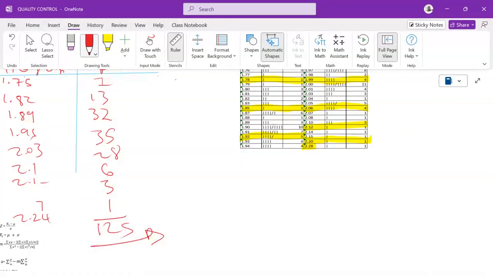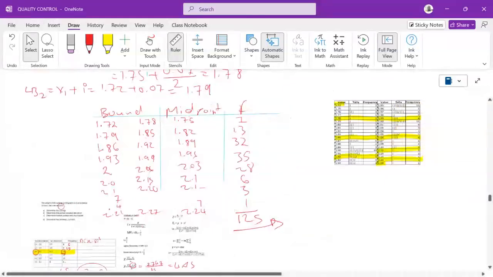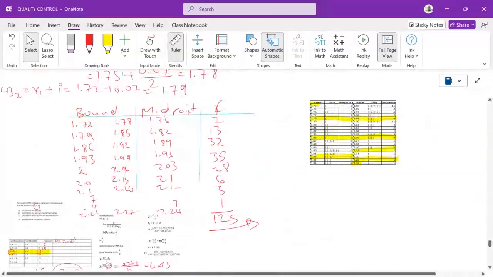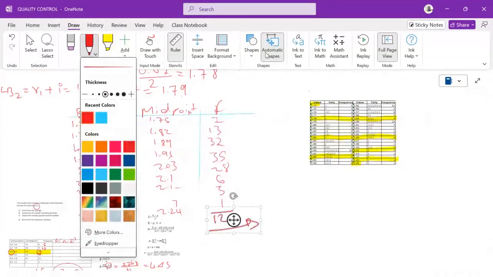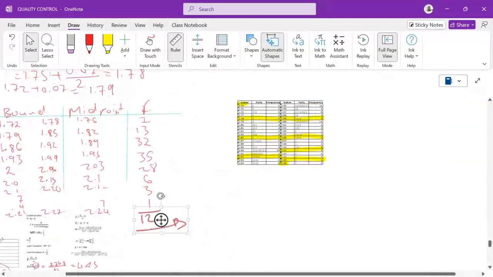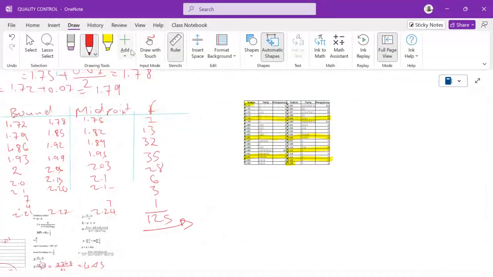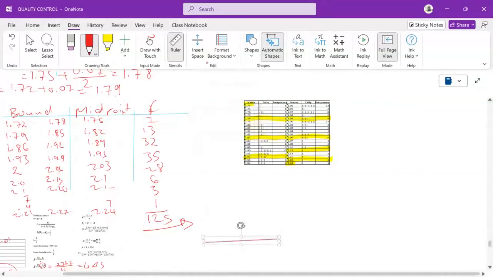So with those calculations, you can easily have a nice graph consisting of the midpoint. Before you label your graph, it's just best to do this.